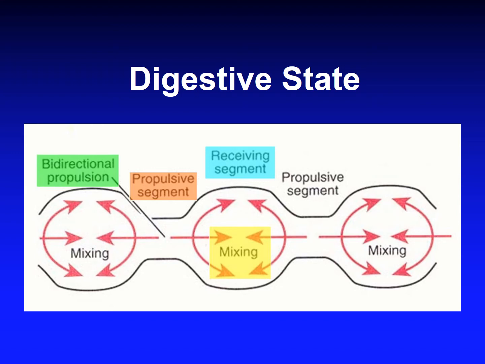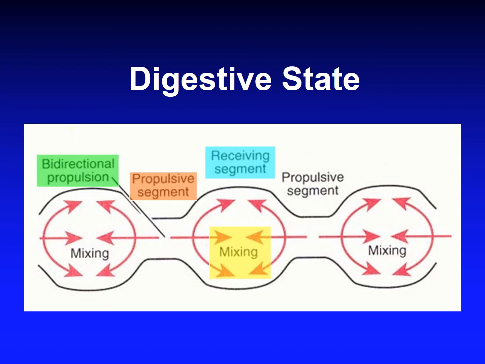They replace the MMC that took place in the interdigestive state, the MMC that generated the activity fronts. In the digestive state, this will be replaced by mixing, segmentation, and short distance peristalsis.